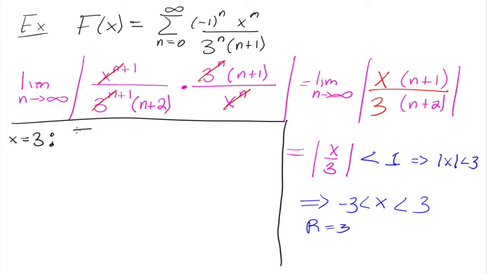So I've got the series n equals 0 to infinity of negative 1 to the n times 3 to the n over 3 to the n times n plus 1.